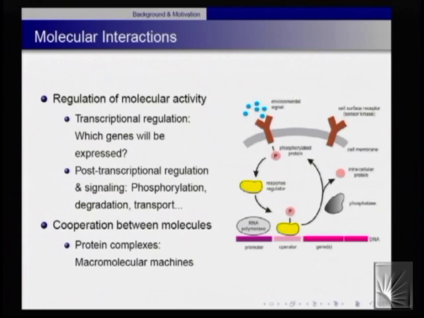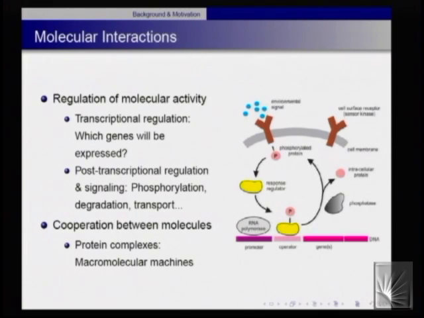This is a cartoon of cellular signaling and regulation. In general, the cell recognizes a signal from outside the cell, or it might be from inside the cell. For example, extracellular signals are recognized by receptors on the membrane, and then they are signaled to the proteins that are responsible for regulating the cell through a cascade of signaling events.